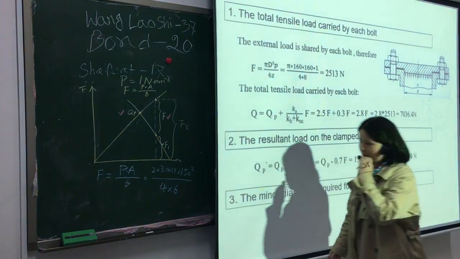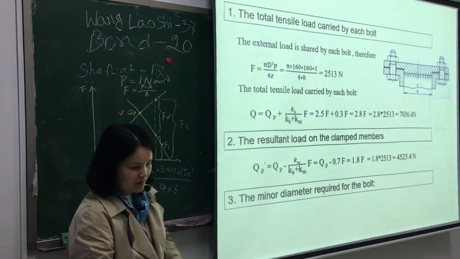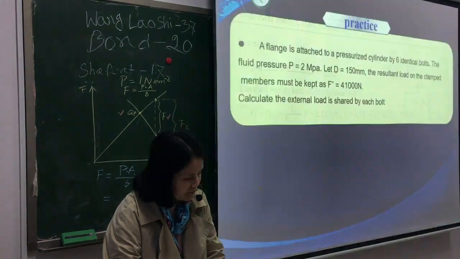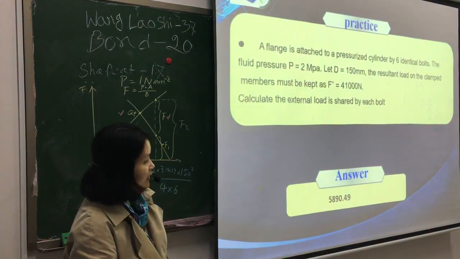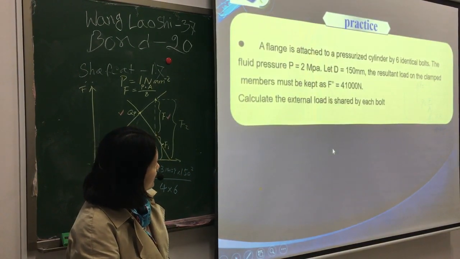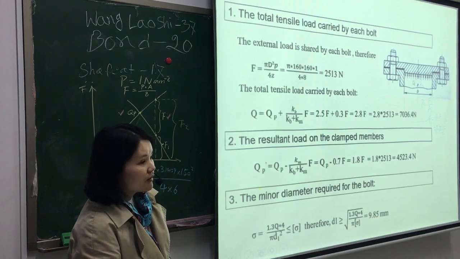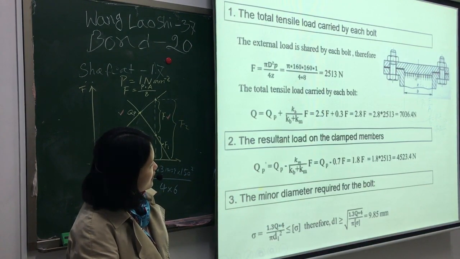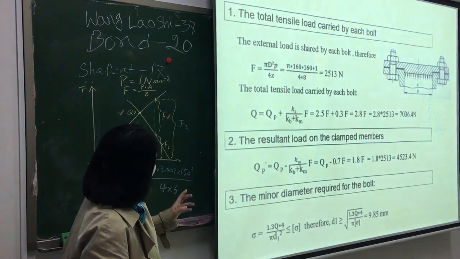We can calculate the answer is 5890.5, okay, this is the answer. So we know the area, and this is the fluid pressure. Calculate the force F.